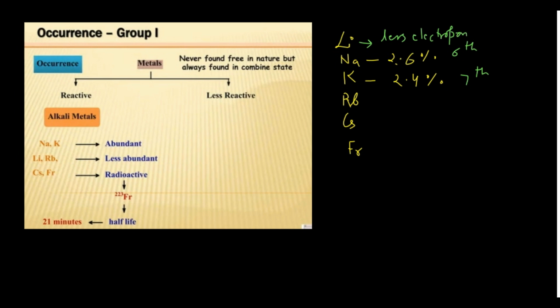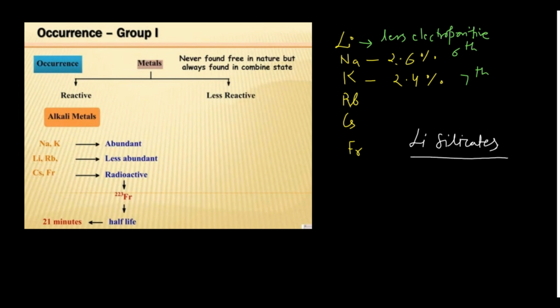I will discuss the anomalous behavior of lithium in much detail, but right now you can understand that out of all the alkali metals, lithium is the less electropositive. That's why it is found in nature as silicates. Please remember this point. This is very important from your examination point of view. Lithium silicates, because it is less electropositive.